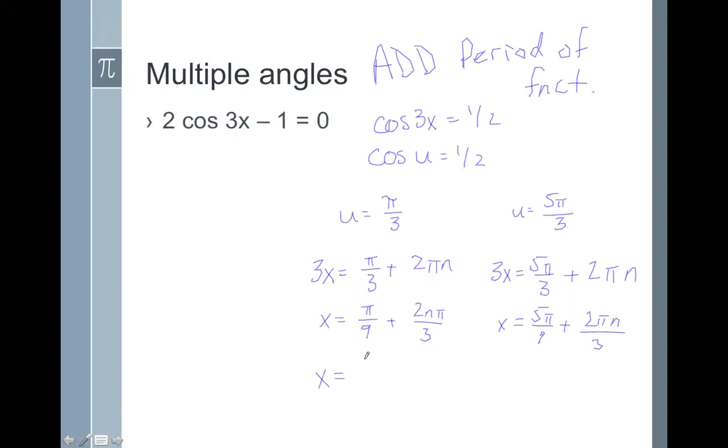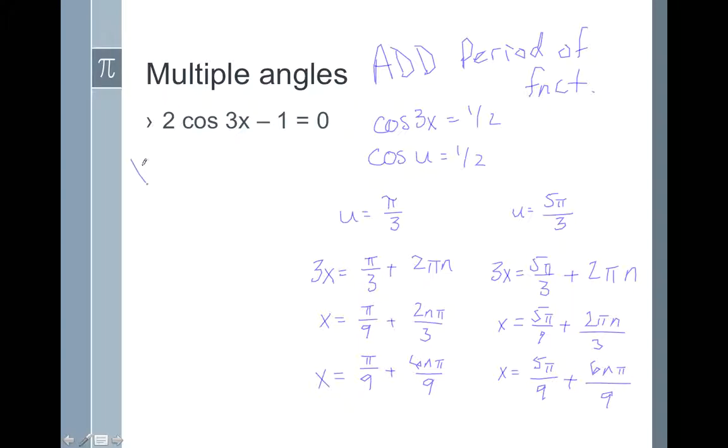So I get x is equal to pi over 9 plus 6n pi over 9. And this one, same idea. I get 5 pi over 9 plus 6n pi over 9.